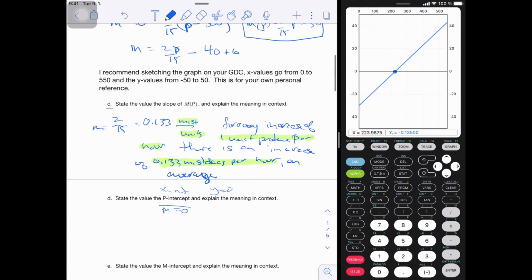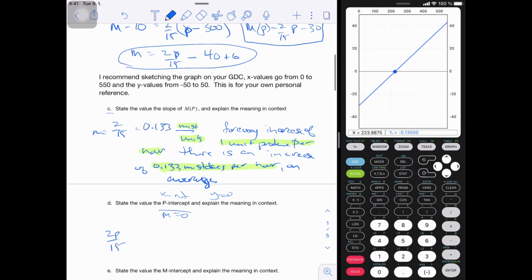So if I take my equation, which is up top, I can see that 2P over 15, minus 30, has to be 0 for my p-intercept. So to solve that, I get 2P over 15 is equal to positive 30. If I multiply by 15 and divide by 2, I end up with 225.